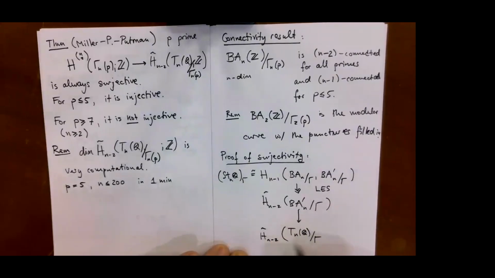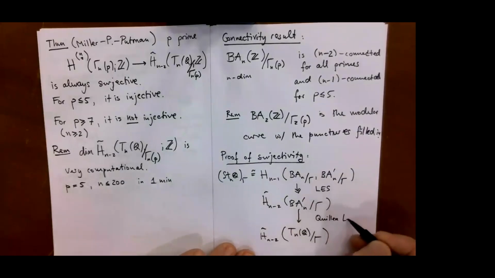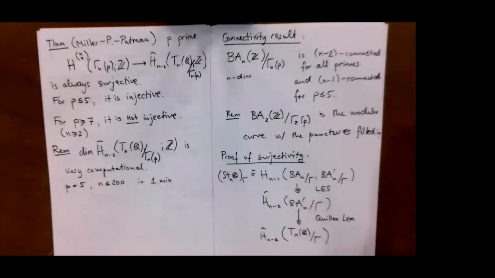Here again, you can use one of these Quillen lemmas to show that this is also surjective. So this is in some sense the same proof as Jenny presented, just backwards.